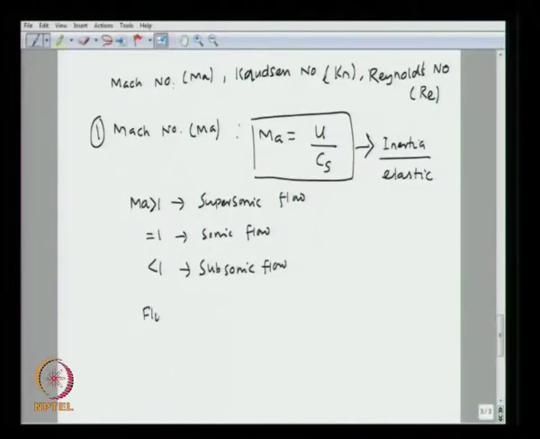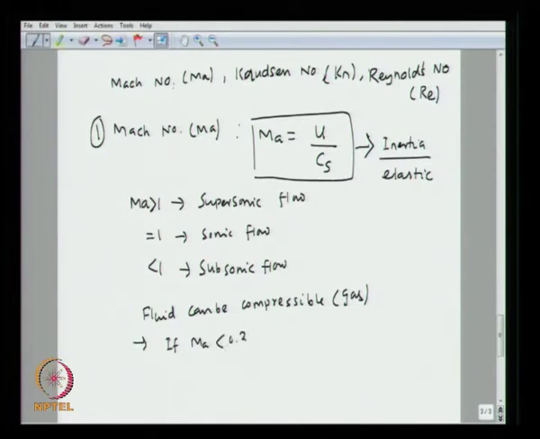So a fluid, let us say gas, can be compressible, but if the Mach number is less than 0.3, then we can consider the flow to be incompressible.